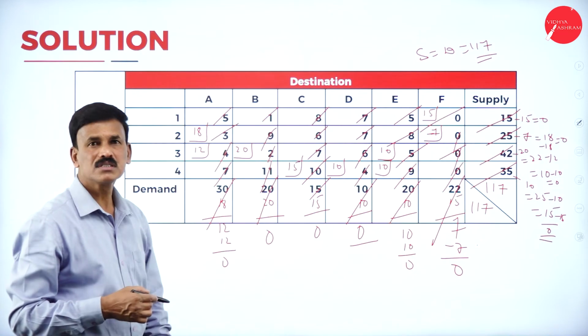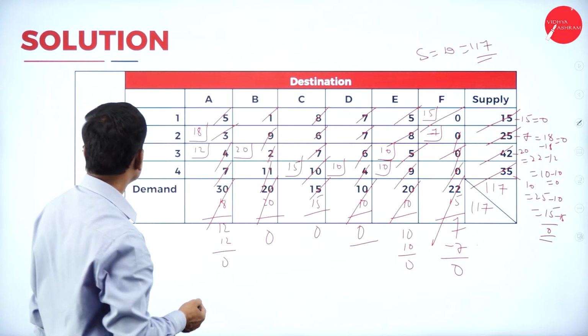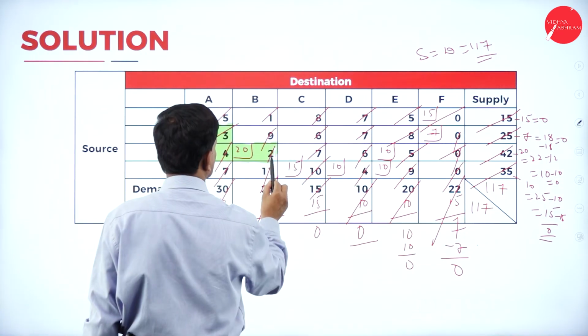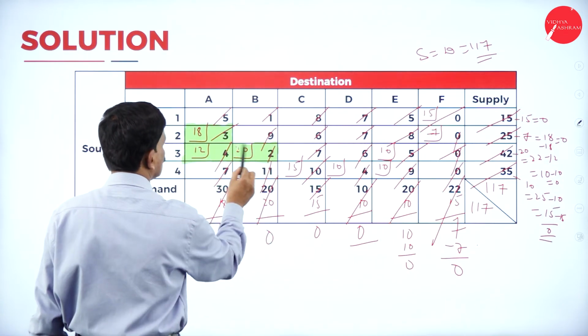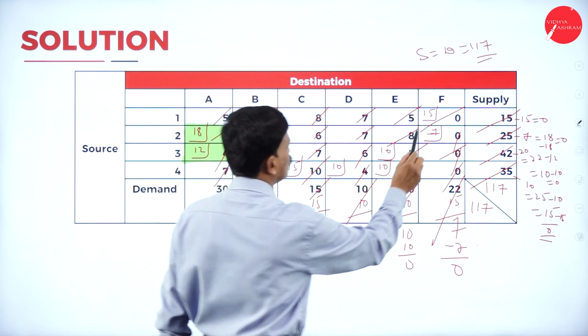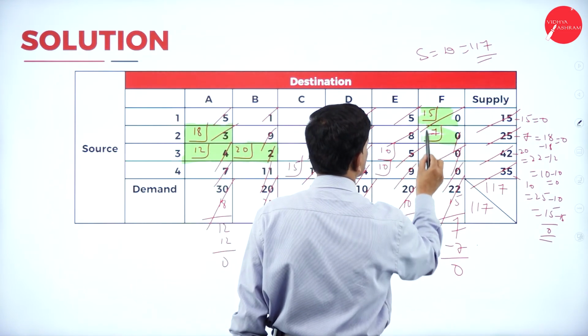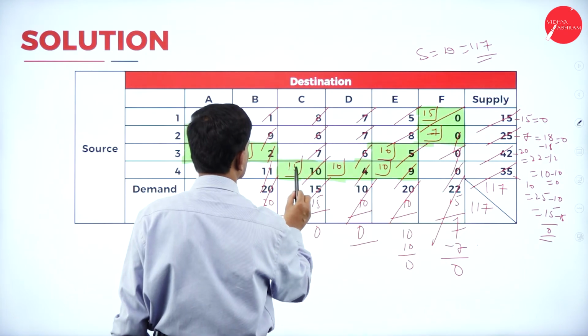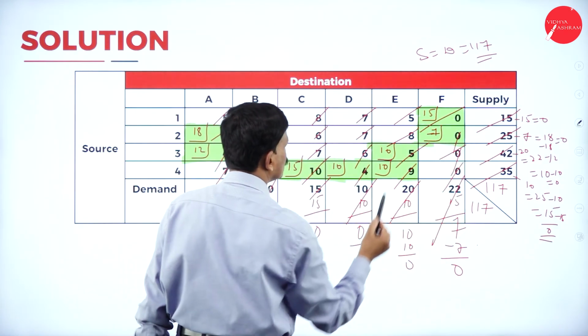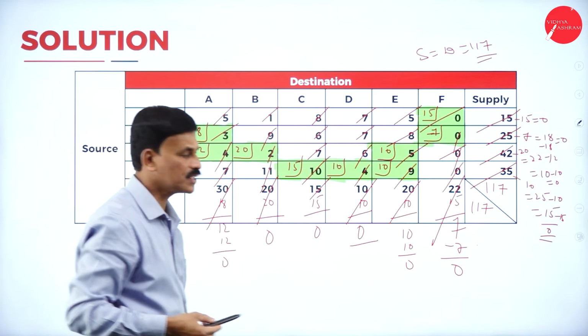The remaining 0 allocation won't change any solution. That's it. So let us find out the solution.